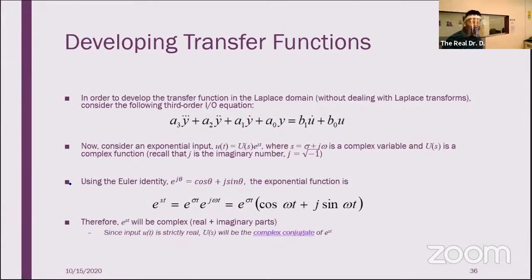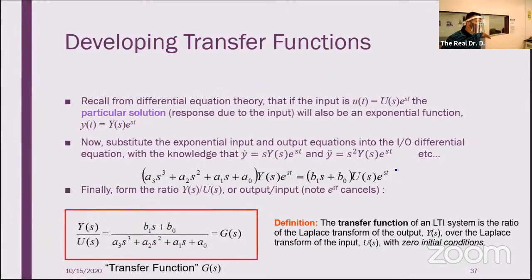So therefore, e to the st will be a complex number which has real and imaginary parts. And since the input is strictly real, u of s will be the complex conjugate of e to the st. Great. That sounds like a bunch of mumbo jumbo, doesn't it? Sure does. Let's keep going.